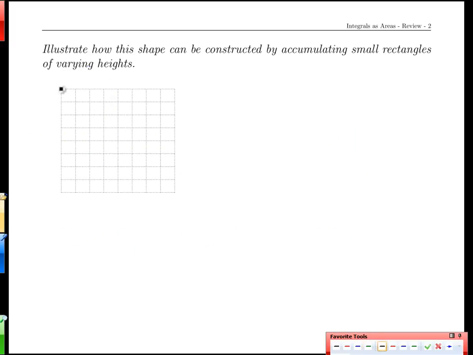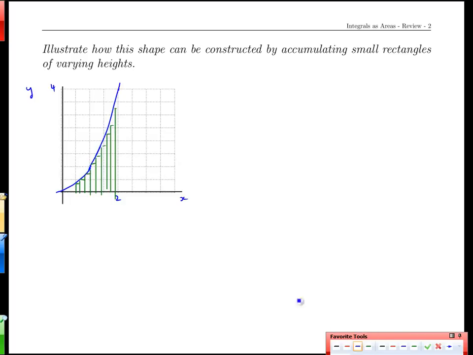So if we had that same graph now drawn out a bit more nicely, let's go to 1 and then to 4. And that's x equals 2 here, x and y. What we actually built was, let's do this in green, a series of rectangles each with their own height, and we wanted to find the total area of these rectangles.